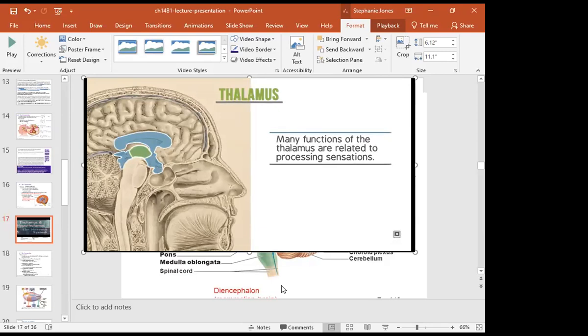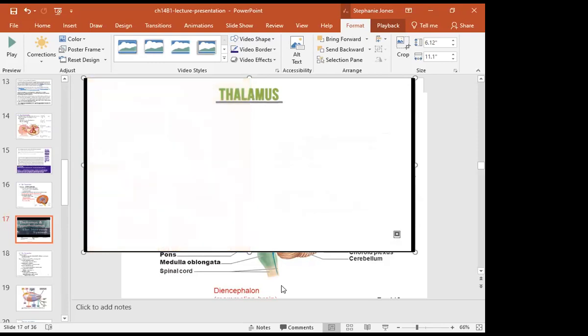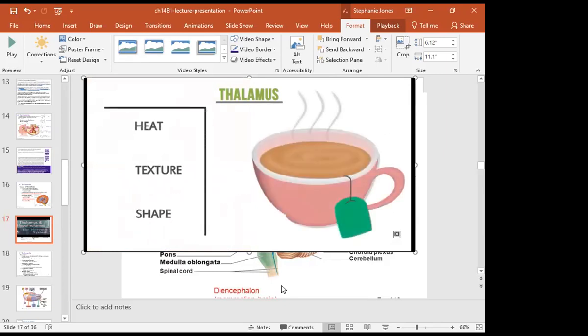In particular, the thalamus is thought to consolidate or group sensory inputs into a cohesive feeling or experience. For example, holding a cup of hot tea would stimulate receptors that detect sensations of heat, texture, and also the shape of the cup. Yet we don't experience each of these sensations separately because the thalamus combines these initially separate sensations into a whole complete feeling or experience.